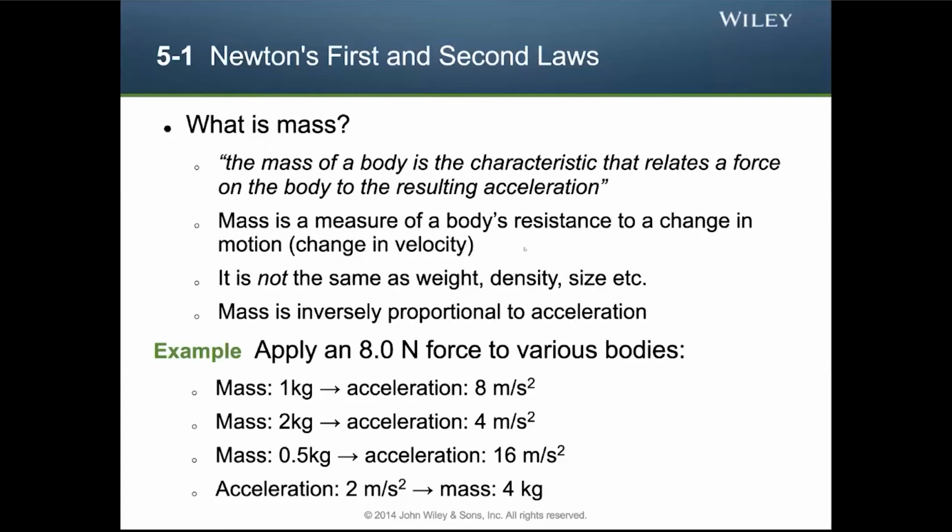Mass is a measure of a body's resistance to a change in motion. Right? So, easiest way to picture this, you have a rock on the ground, you go to push the rock with your finger, it's not too hard to move. Then you have the boulder the size of a house on the ground. You go to try to move it with your finger. It doesn't want to move, right? Because it has a much greater mass.